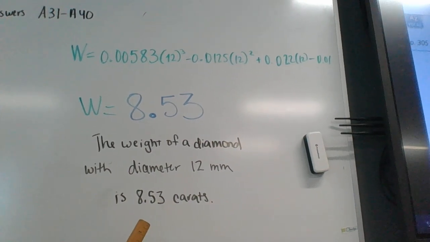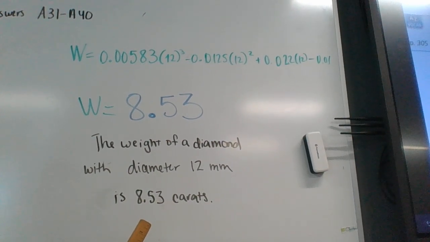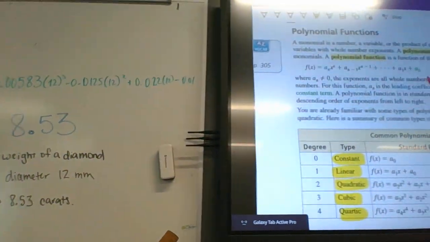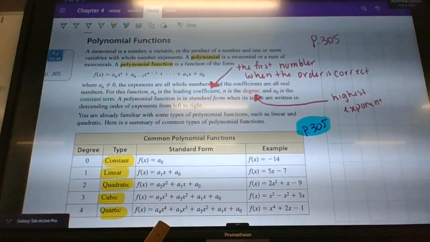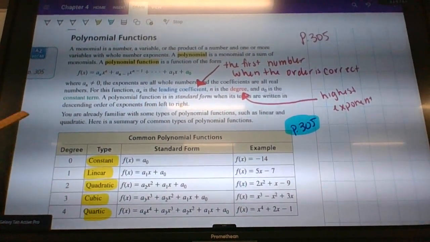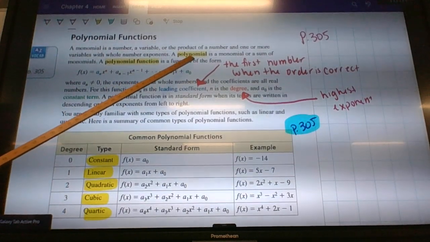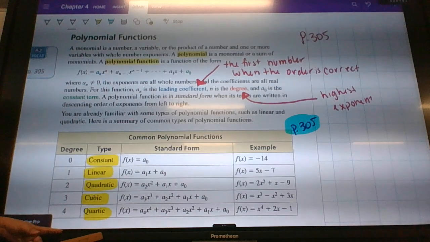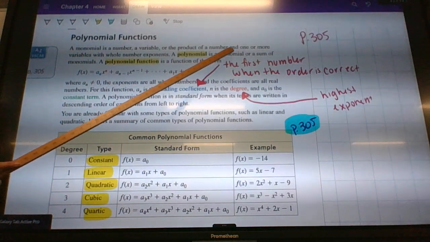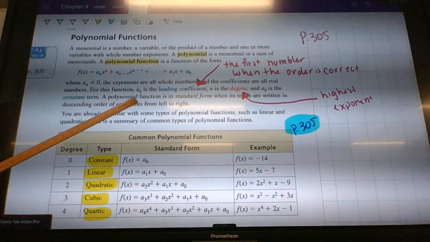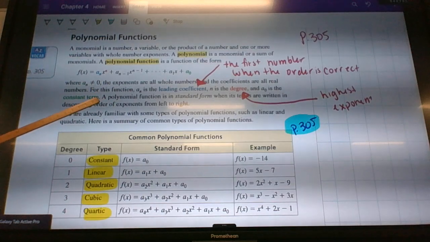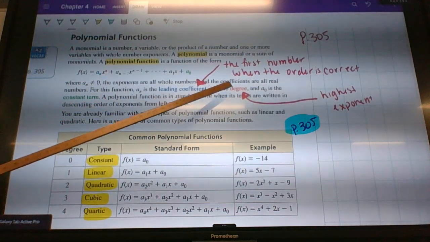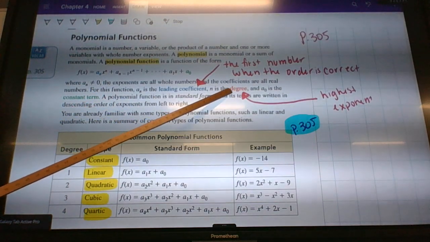Polynomial, actually we're doing poly. So they might be cubic, they might be quartic, they might be fifth degree functions. It's a monomial or a sum of monomials. Some vocab here that's important.